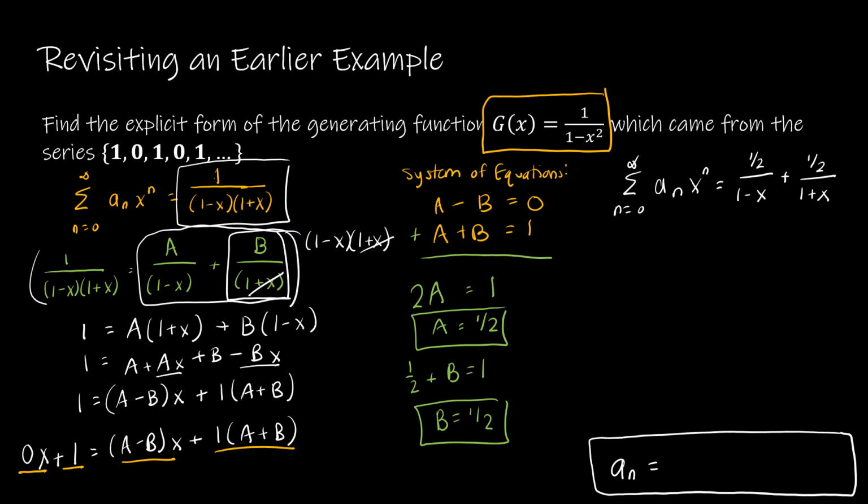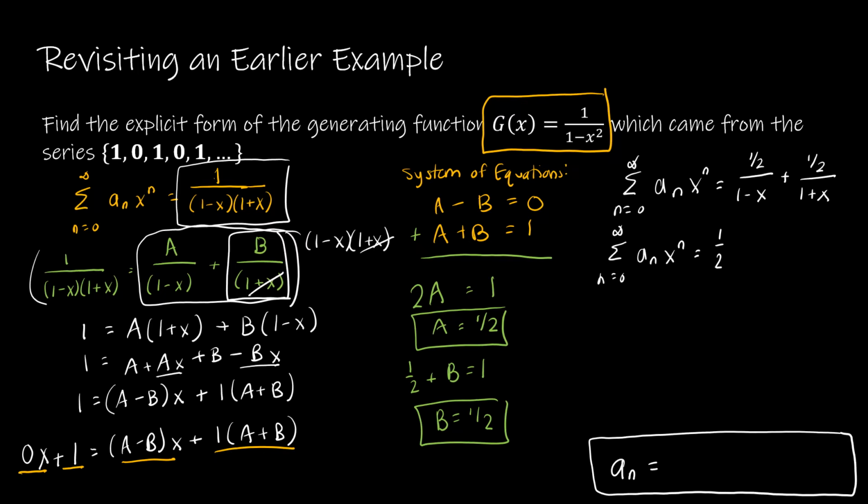So you might be having a hard time seeing where we're going here, but essentially what I want to do now is do whatever substitutions I can. So I've got the summation as n equals 0 to infinity, and then a sub n x to the n. I've got 1/2, and then essentially that leaves me with 1 over 1 minus x.